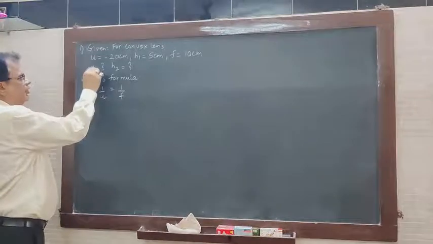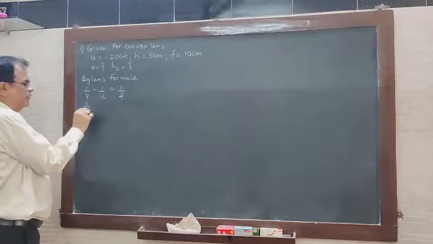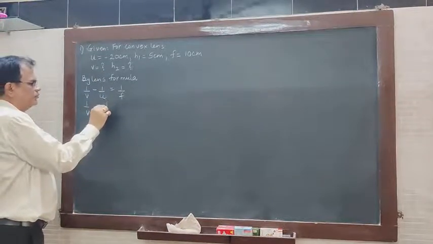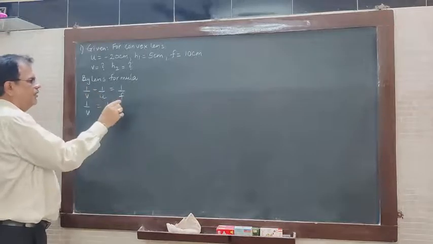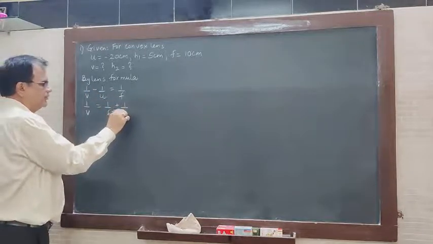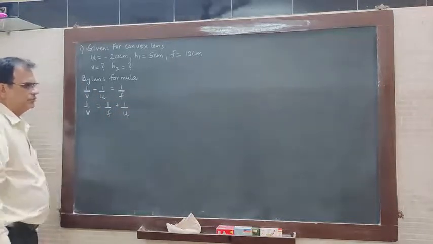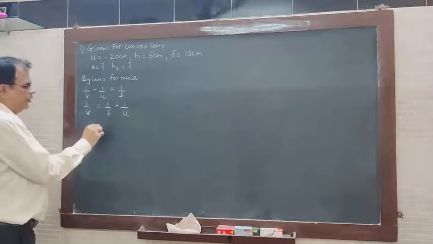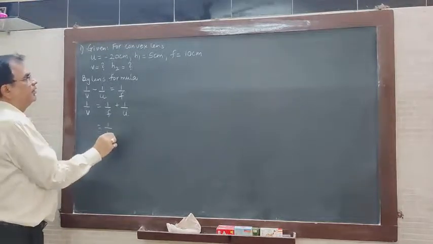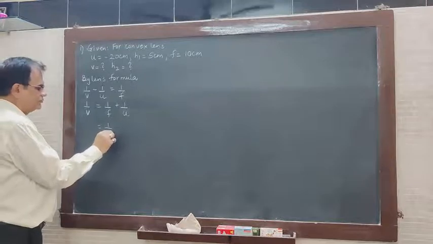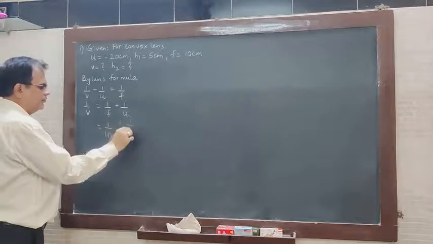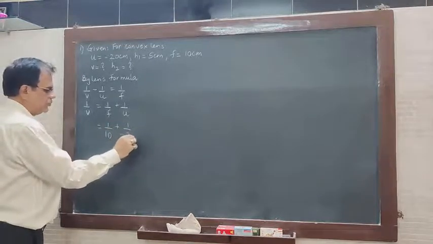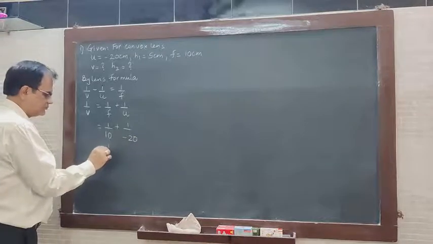Okay, we have to find v, so I will keep v over here, is equal to 1 upon f, I will take u this side, plus 1 upon u. So 1 upon f, 1 upon f is 10 plus 1 upon u is minus 20.